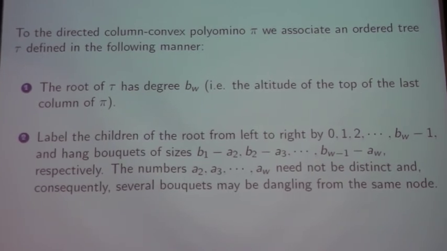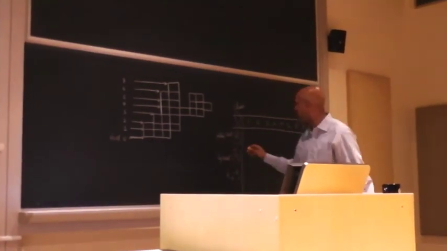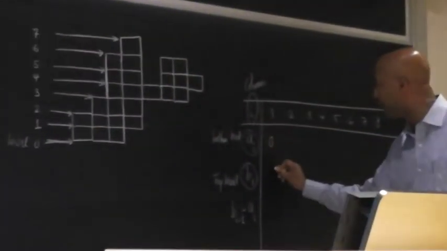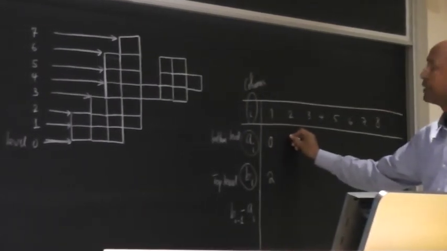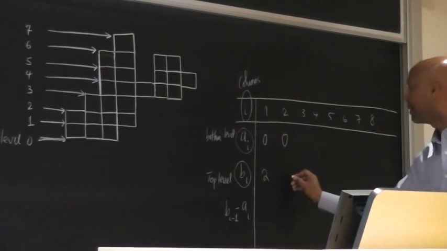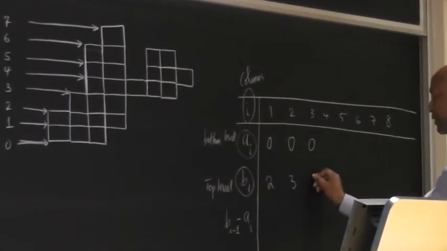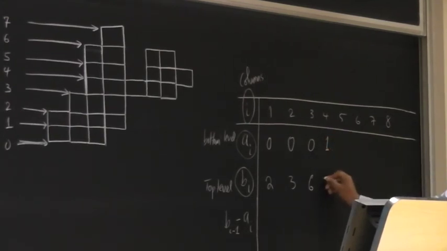So for example here, if we write down these things quickly, for the pairs A_i and B_i, you're going to be having what? The first one starts at 0, ends at 2. The second one starts at 0, ends at 3. Third one starts at 0, ends at 6. Fourth one starts at 1 and ends at 7.